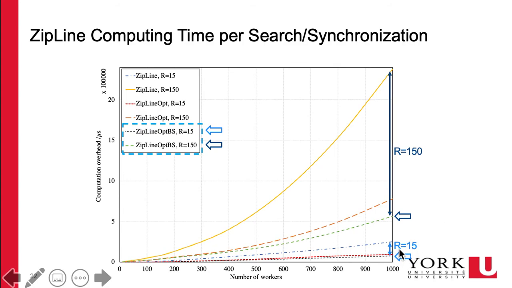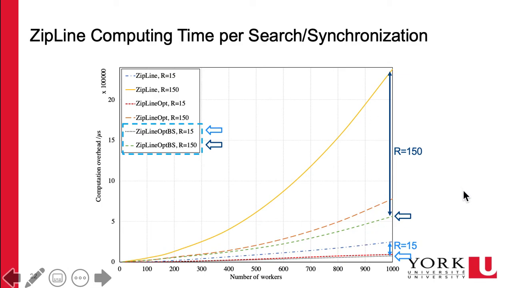You can see that when R is small, the future iterations of all the workers is small, the difference is not that significant. But when R becomes large, we can see that ZipLineOptBS is very fast. ZipLineOpt is second, and the original ZipLine is kind of slow.